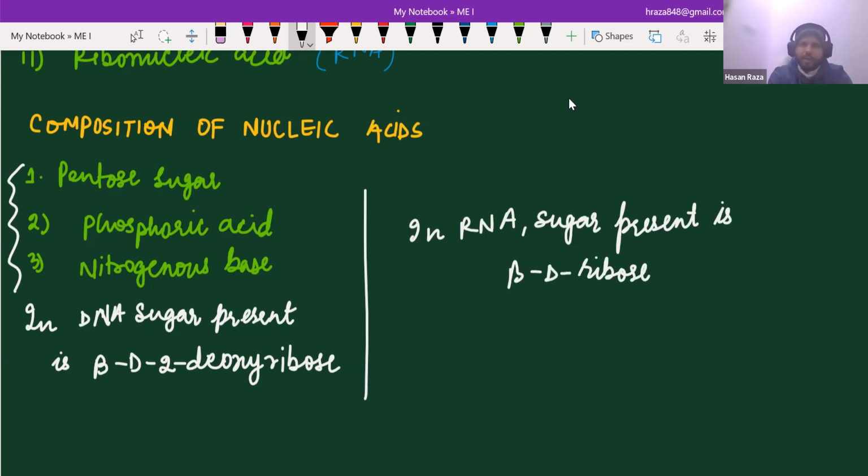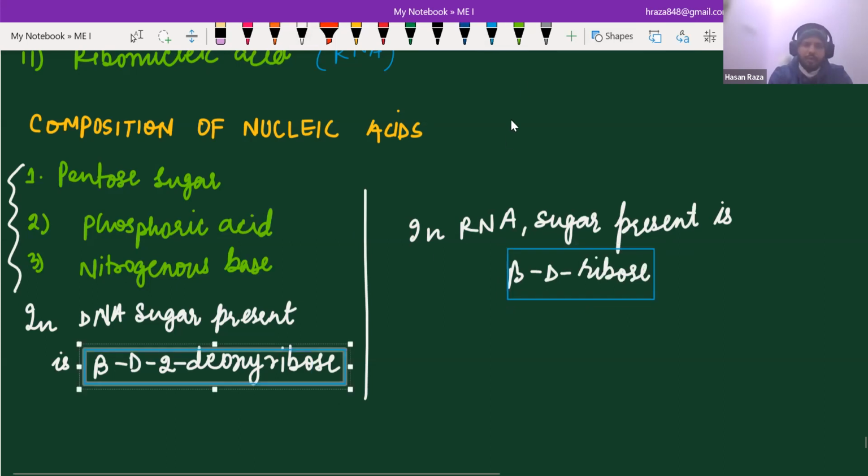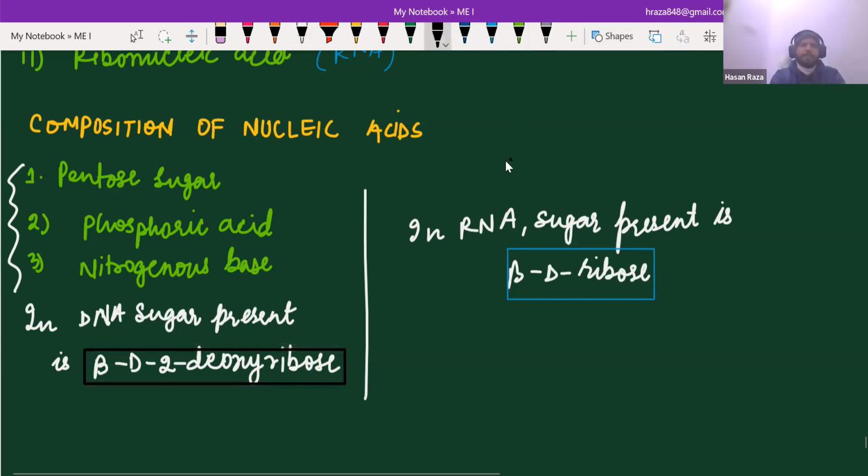So the question can be directly asked, which type of sugar is present in DNA and which type of sugar is present in RNA. It's quite easy. You just need to remember the name. Okay.